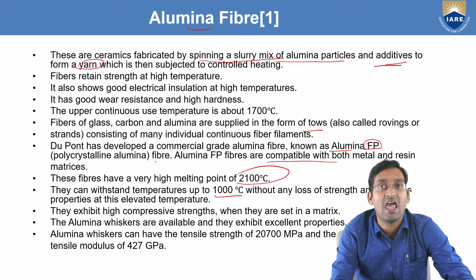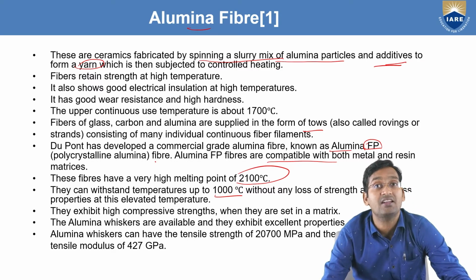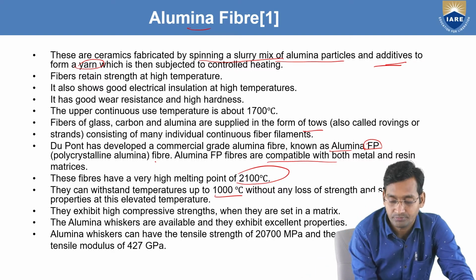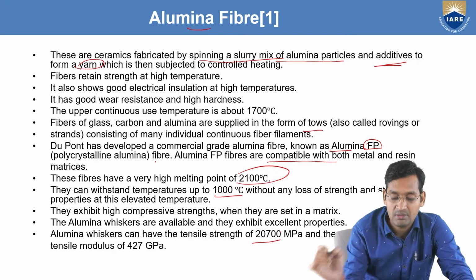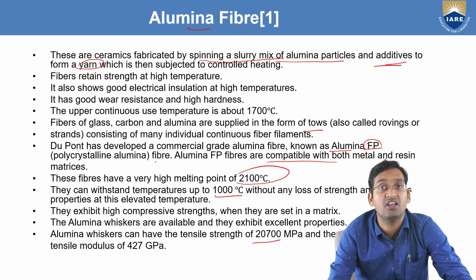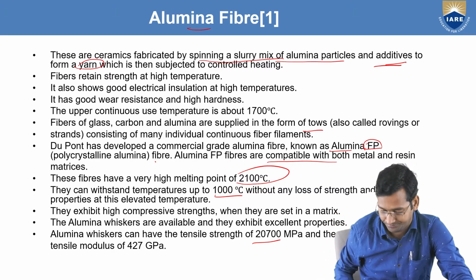Alumina whiskers can have a tensile strength of 20,700 megapascals, or 20.7 gigapascals, and a tensile modulus of 427 gigapascals.